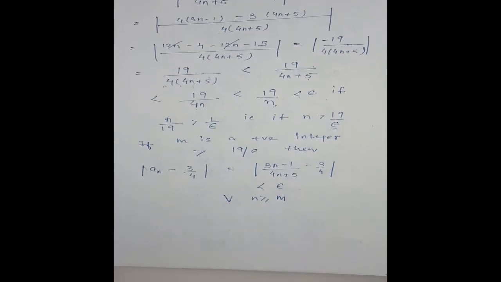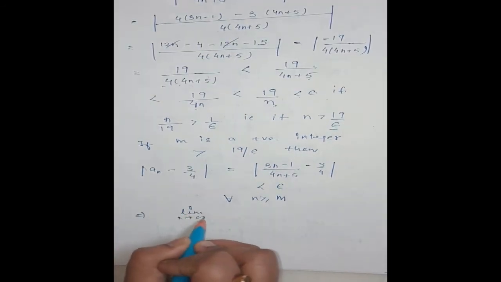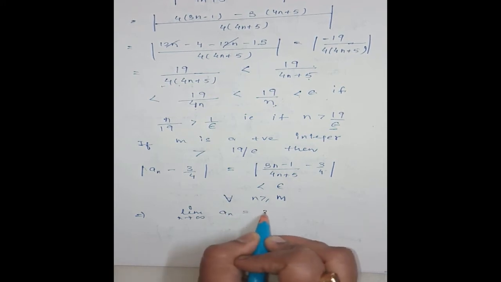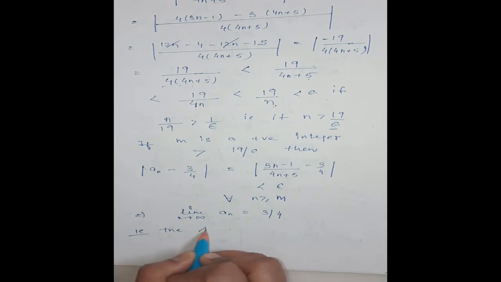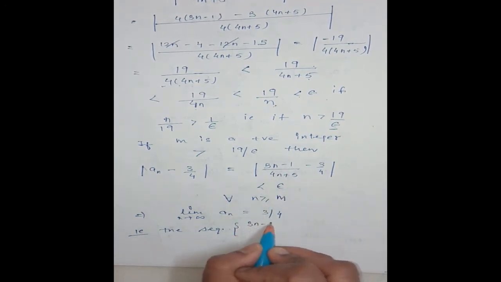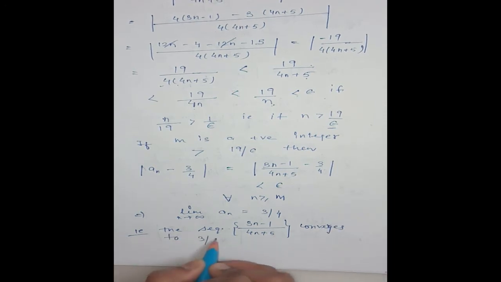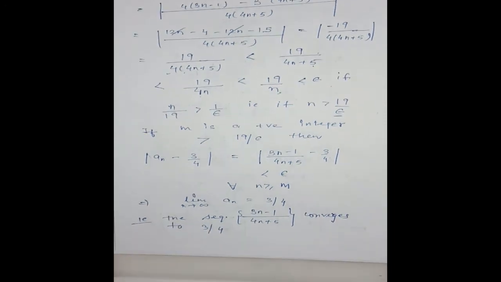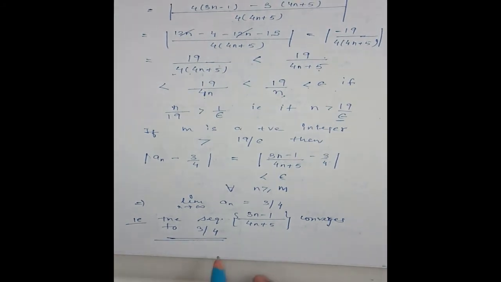So this will imply the limit as n tends to infinity of a_n is equal to 3/4. That is, the sequence with nth term (3n − 1)/(4n + 5) converges to 3/4. Clear? Okay, clear?